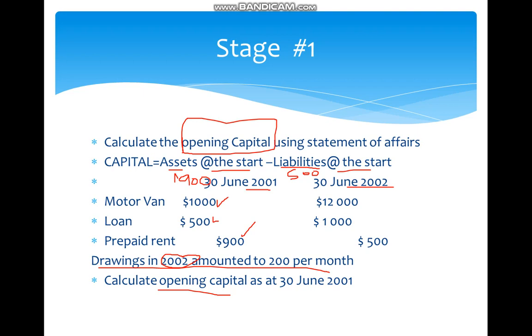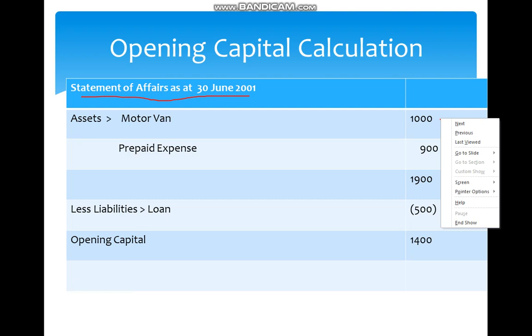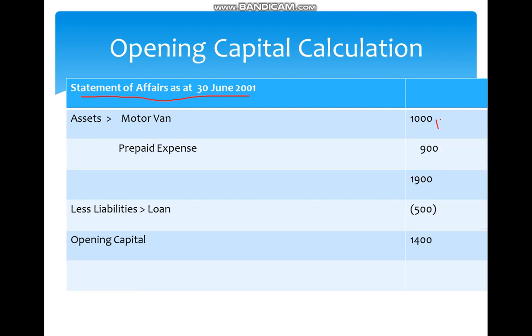But remember, these are the drawings for 2002, and we are using information for the start of the period. How do we show it in a systematic way that is easier for management to understand? We can present it in a statement of affairs. A statement of affairs as at 30 June 2001 shows our assets, the motor van and prepaid assets.